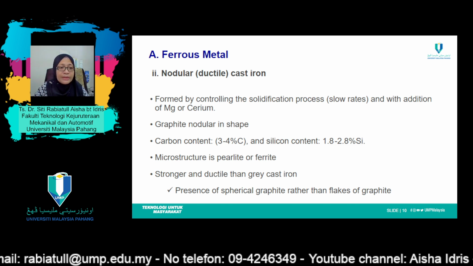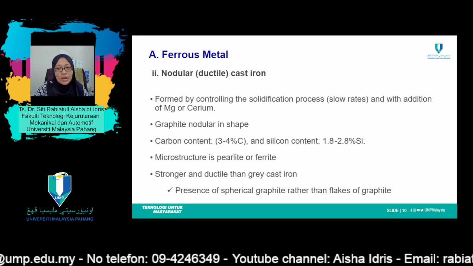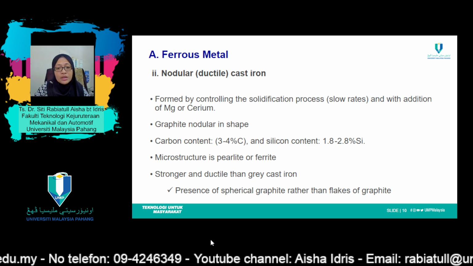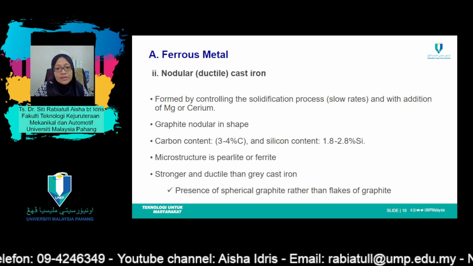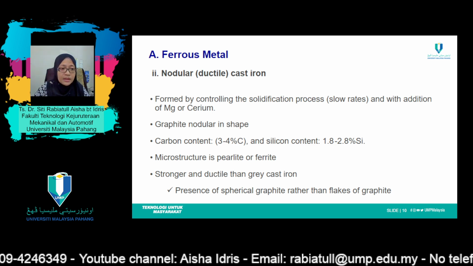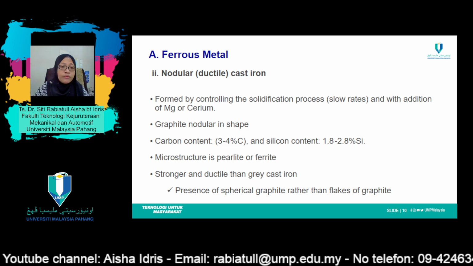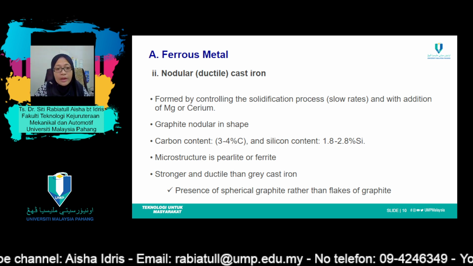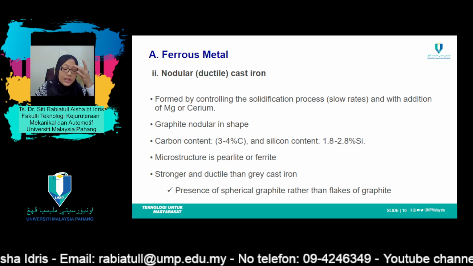For example, ferritic ductile irons have tensile strength ranging between 300 to 400 megapascals. Ductility is from 10 to 20%. And typical applications for these types of materials include valves, pump bodies, crankshafts, gears, and other automotive and mechanical or machine components.